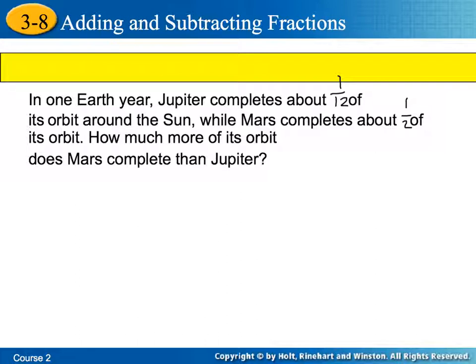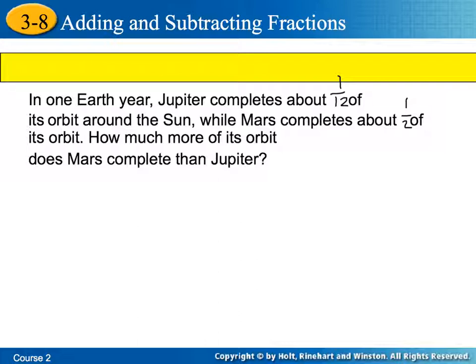It says, in 1 Earth year, Jupiter completes about 1/12 of its orbit around the sun, while Mars completes about 1/2 of its orbit. How much more of its orbit does Mars complete than Jupiter? So what do you think we have to do?